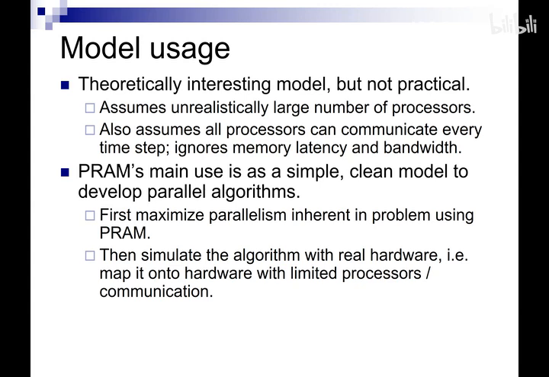The PRAM algorithm really shows you how much parallelism there is in the problem that you're trying to solve. So when you make the PRAM algorithm, the first thing you do is try to maximize the parallelism. Then after you design this algorithm with very large parallelism, which is sort of unrealistic because it ignores these other factors, the next step is to convert this unrealistic PRAM algorithm into something that can run efficiently on realistic hardware.